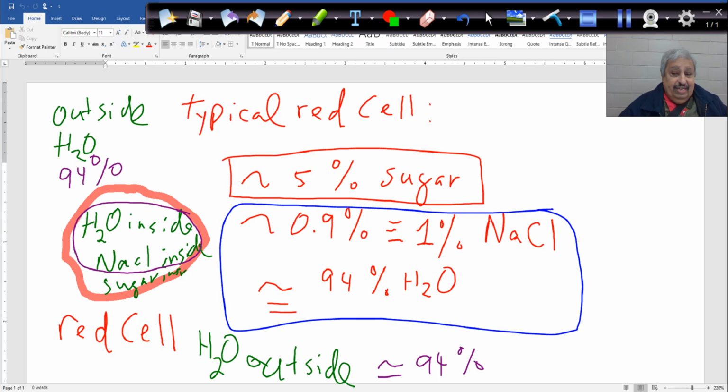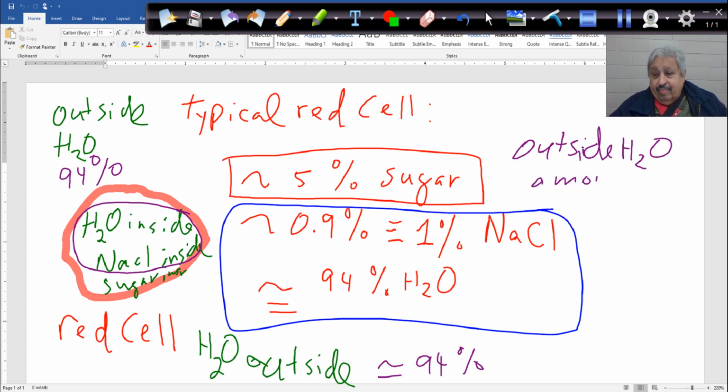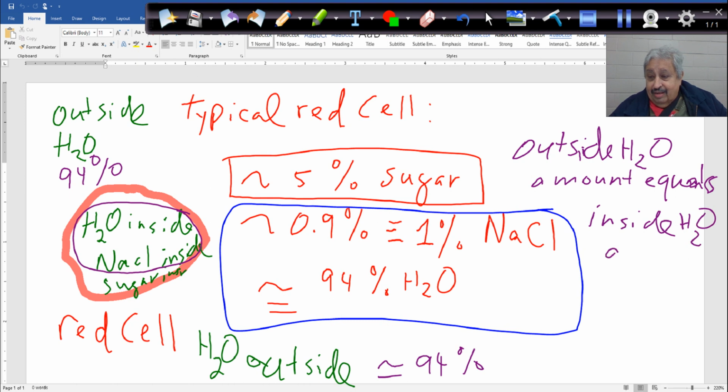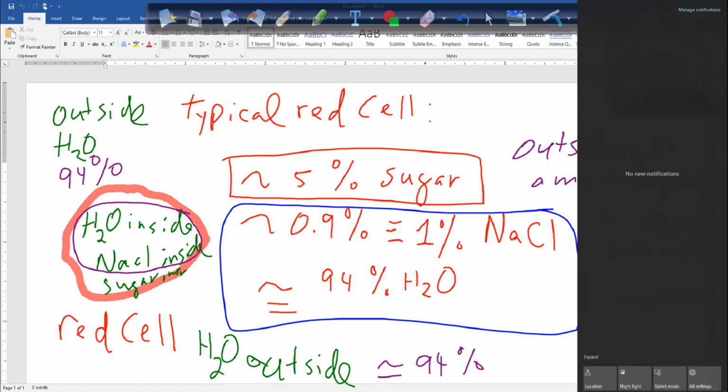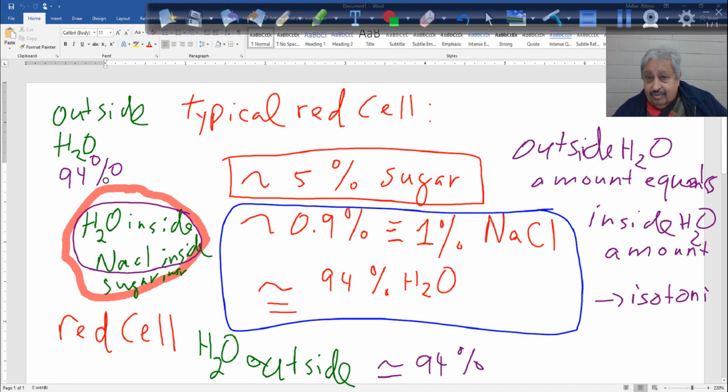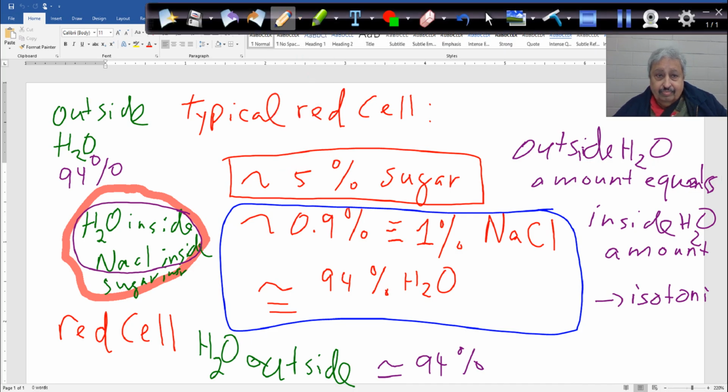So in this case, the outside H2O amount equals the inside H2O amount. So we speak about an isotonic solution.